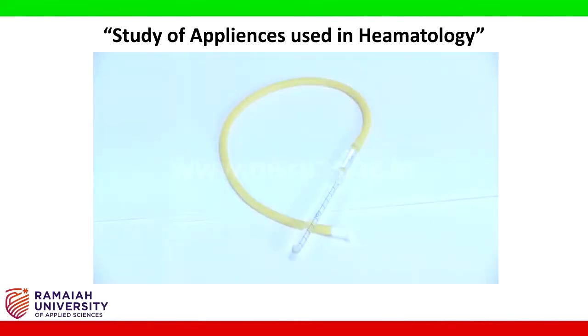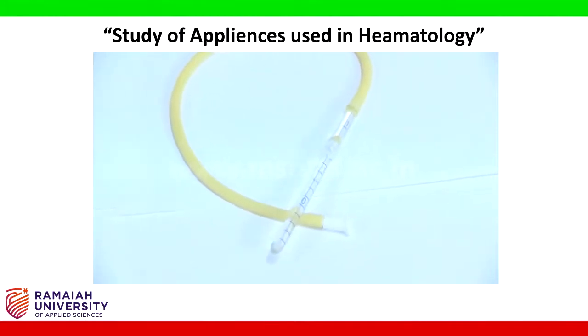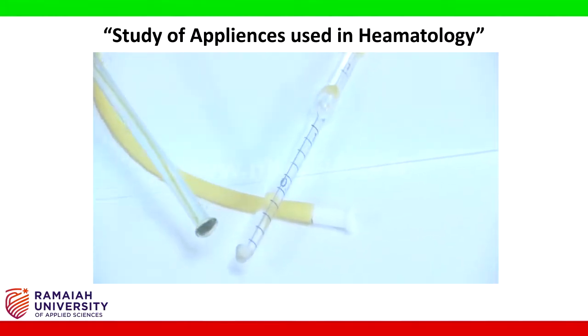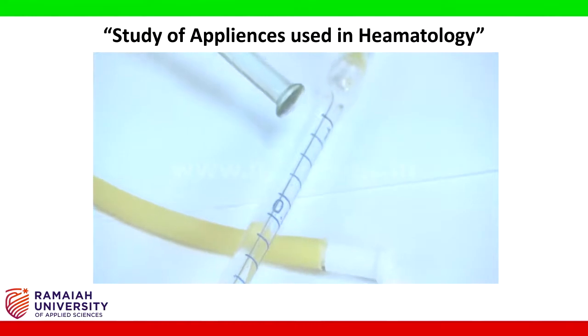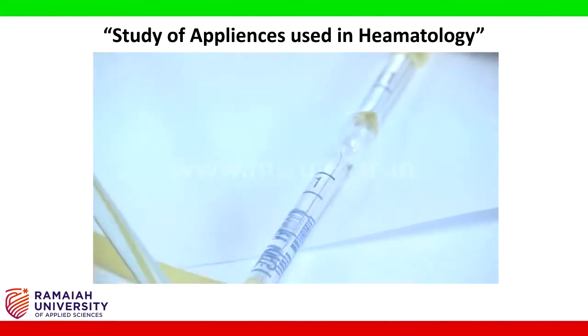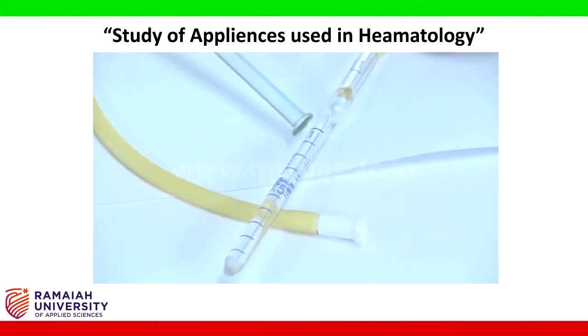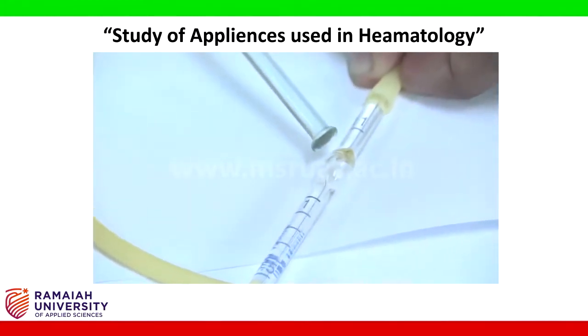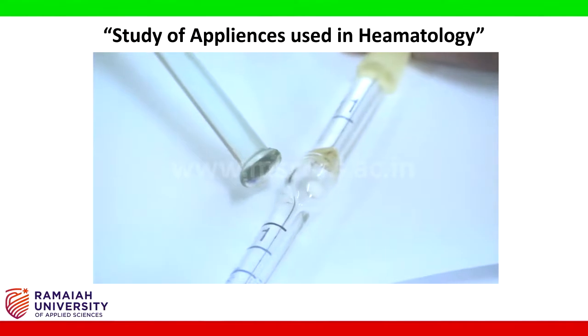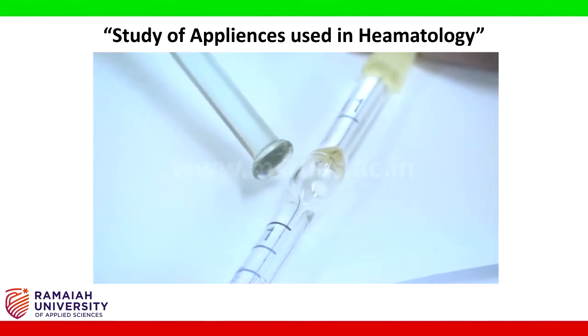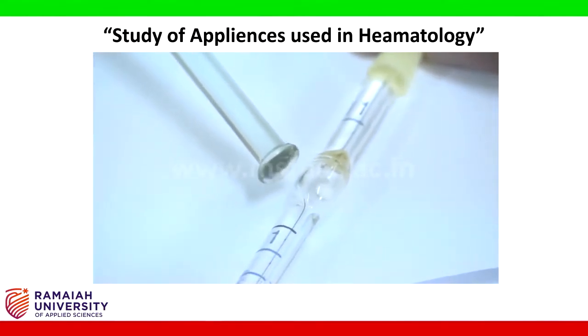WBC pipette. This is one more diluting pipette which is used for WBC. This is also called the WBC diluting pipette. It also consists of a narrow stem with various graduations to measure the blood. Then the narrow stem widens as a bulb which contains a white bead for mixing of the blood with the diluting fluid.